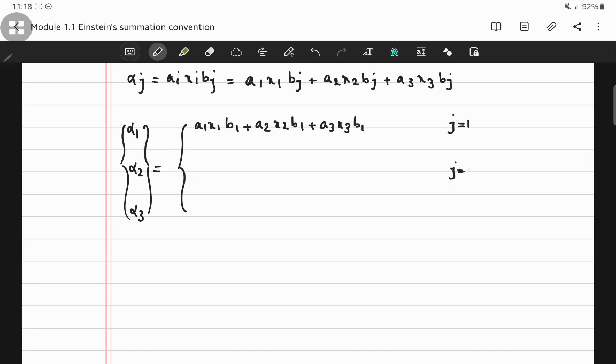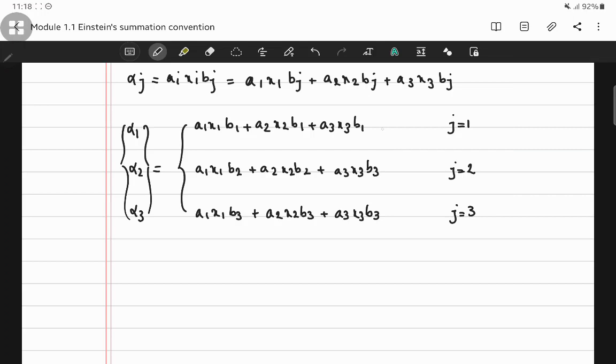For j equal to 2, we have a1 x1 b2 plus a2 x2 b2 plus a3 x3 b2. And for j equal to 3, a1 x1 b3 plus a2 x2 b3 plus a3 x3 b3, of course.